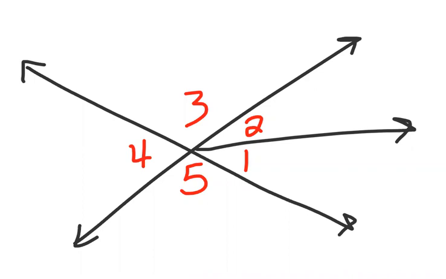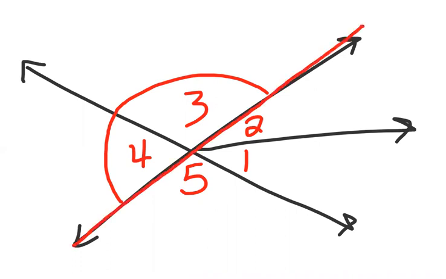Which, if you remember, 180 is literally just a straight line. So let me give you an example of a pair that is a linear pair. 3 and 4. So here's angle 3, here's angle 4. You put them together. See how it makes half a circle? Look at this. They make a perfectly straight line together. That's what you're looking for. That's what makes a linear pair.